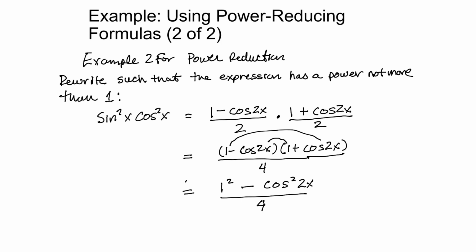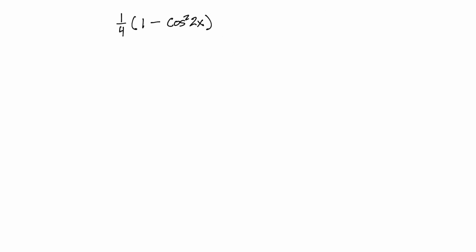That means we're not quite out of the woods here yet, because we still have a cosine squared 2x. So we're going to have to apply it one more time. Again, I'm going to pull out that denominator of 4, so we can just focus on the 1 minus cosine squared 2x and rewriting that. So again, keep in mind that the formula we have is for just cosine squared of x, and I have a 2x here.